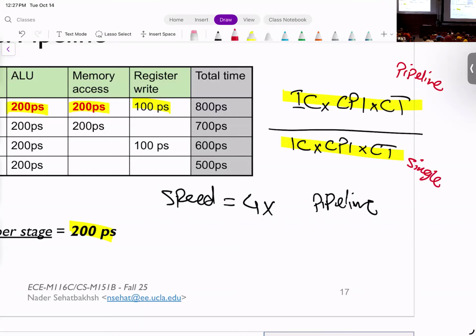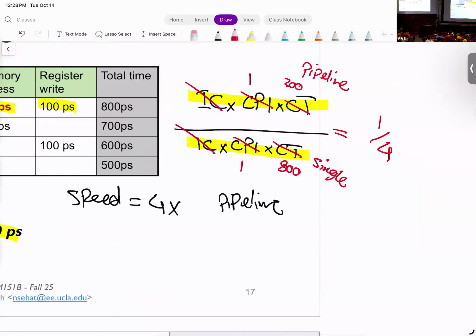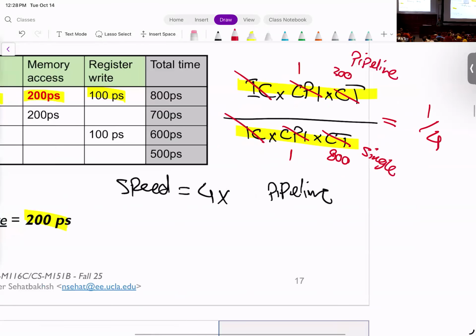In both cases, the IC is the same, since you don't change the program, so the number of instructions does not change. Now we know that this number is 200 for pipelining. This number is 800. CPI is 1, CPI is 1. As a result, pipelining is 4 times faster than your single cycle. So essentially, in this particular example, you get a design 4 times faster than single cycle. Does that make sense? Any questions? Yeah.